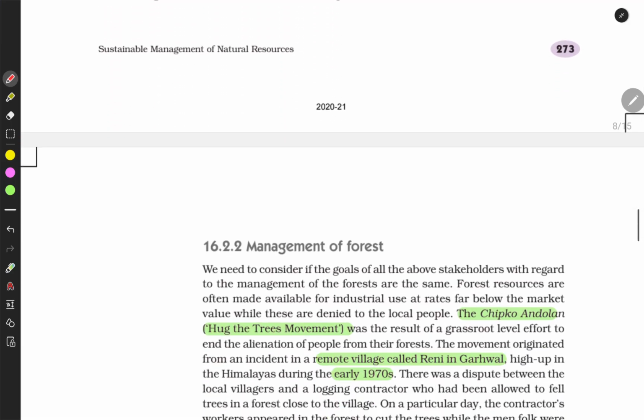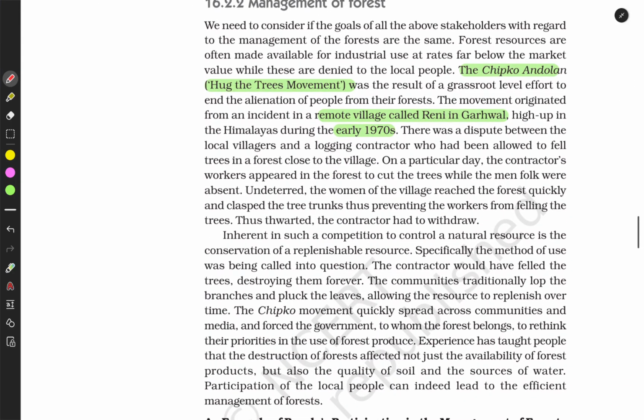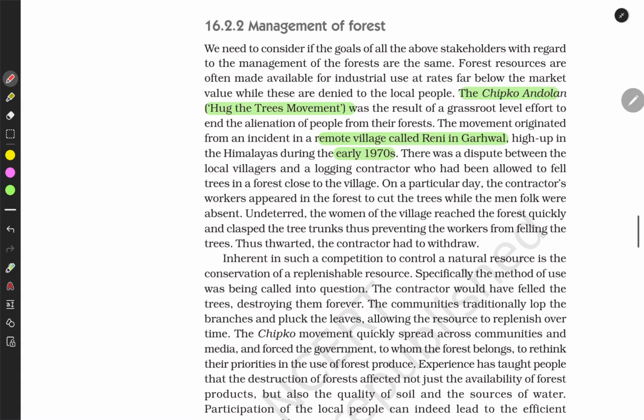Another type of conservation effort we see in Uttarakhand, where you must have heard about the Chipko movement, hugging the trees. This happened in a remote village called Reni in Garhwal in the early 70s.